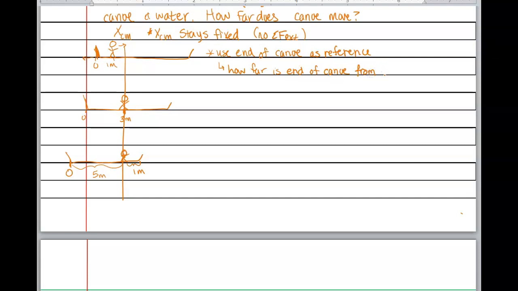Asking the deep questions here. But we're going to use the center of mass of the canoe, which would be the middle, as the canoe's location.